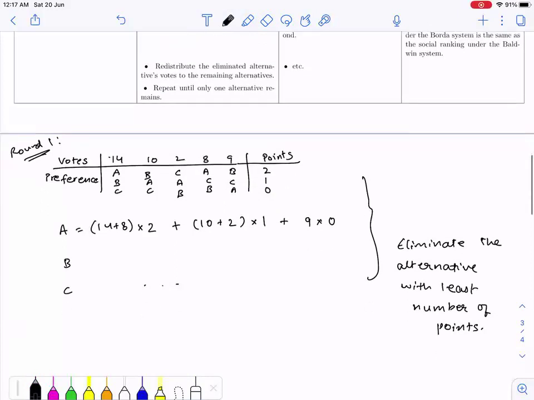And then you repeat your Borda system with the remaining alternatives after eliminating the alternative that came in last in round 1. And then you apply Borda again and keep doing this until you are left with just one alternative.